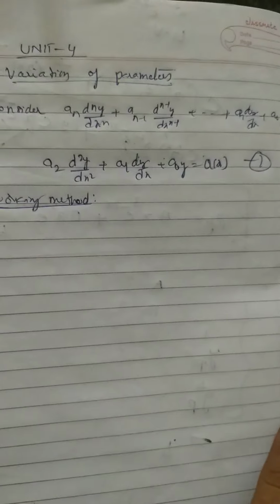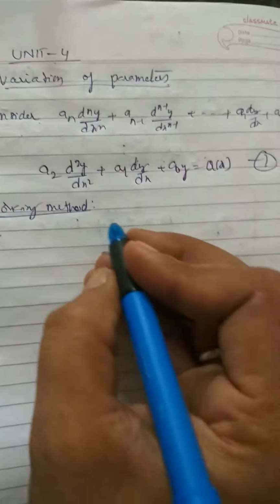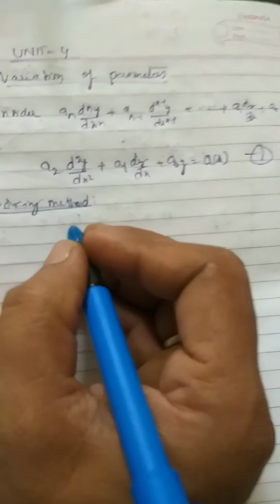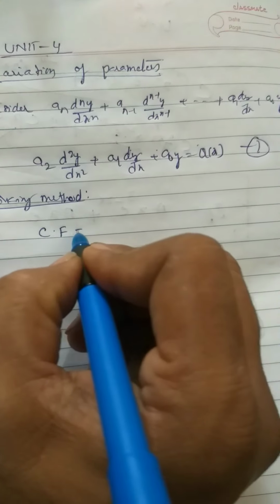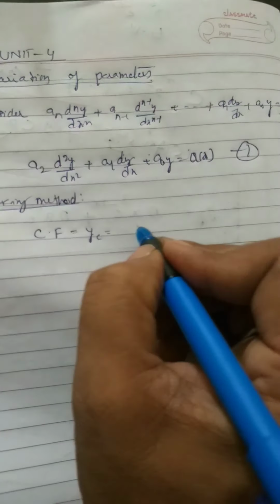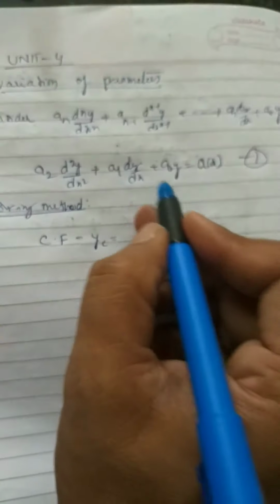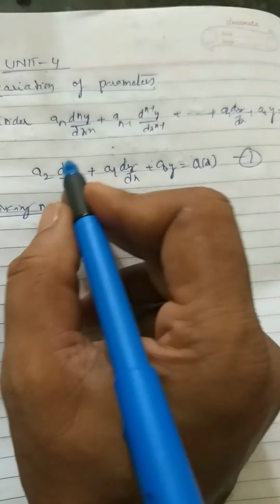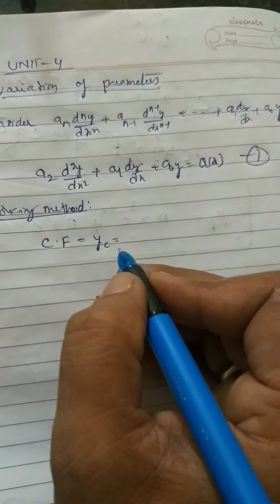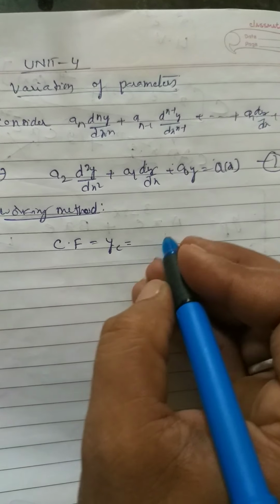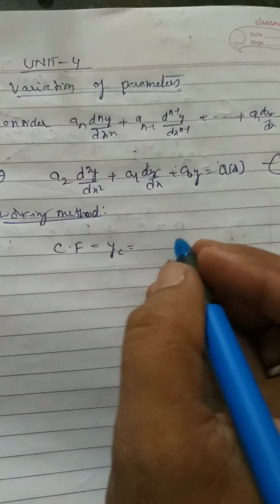Now this is the given differential equation. First of all we have to find the complementary function, yc. We have to find the auxiliary equation, then we will get the roots of that equation. By using the roots, we will get the complementary function.